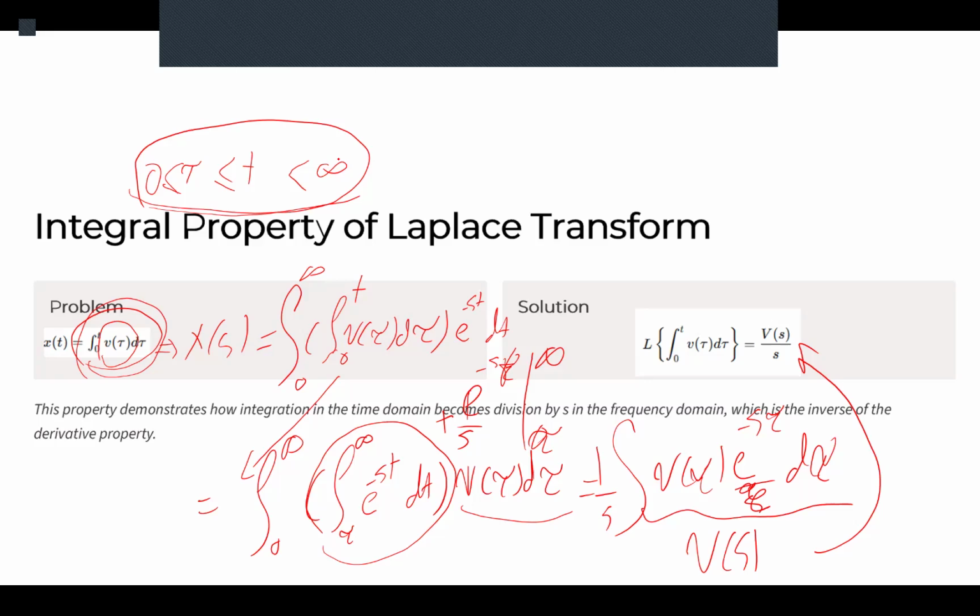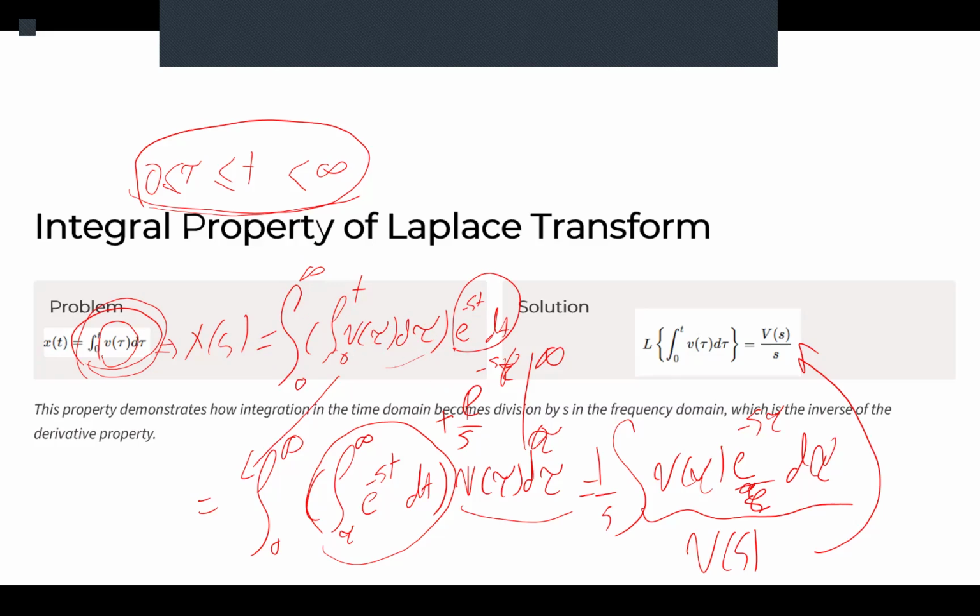Now, if we want to use Fubini, the main integral, the first integral, remains the same. We wanted to swap e to the power of minus st dt with v tau d tau, so we bring these two into the second integral and bring these two outside of that second integral.